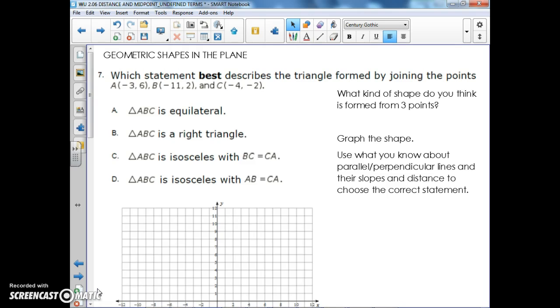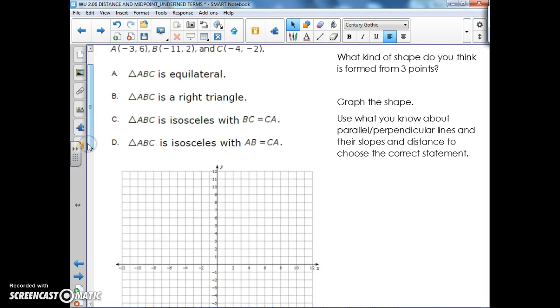Let's graph the shape. So we're going to take the points A, B, and C and graph them on the coordinate plane. A is at (-3, 6), so I'm going to go to -3 and go up to 6. This is A. B is at (-11, 2), so I'm going to go all the way over to -11 and go up to 2.